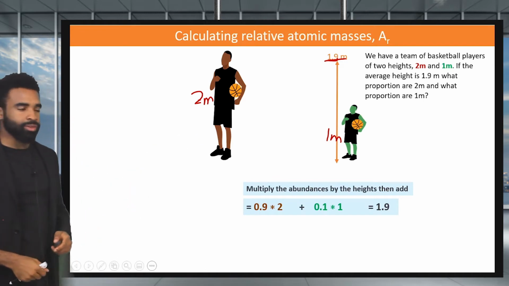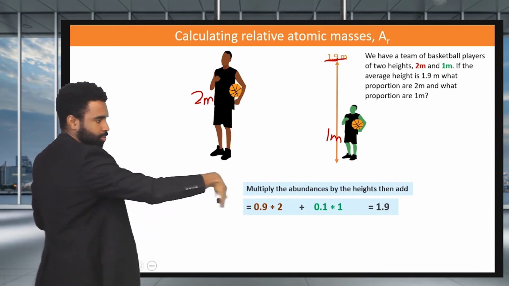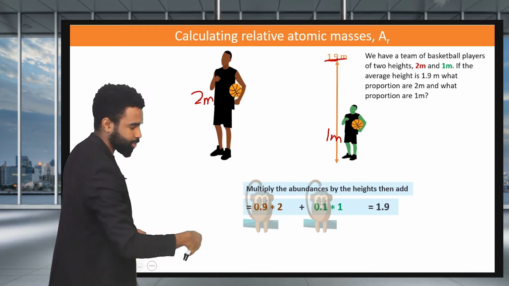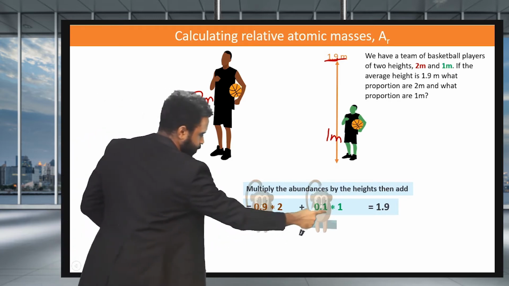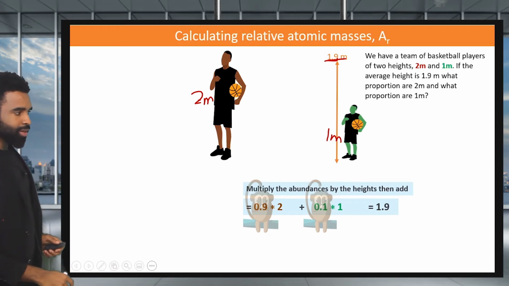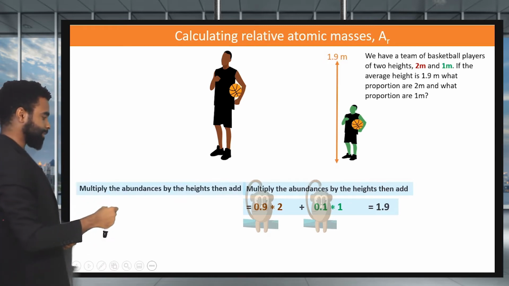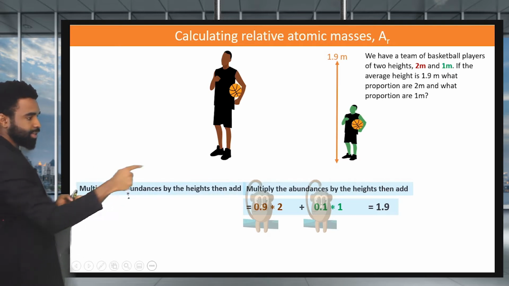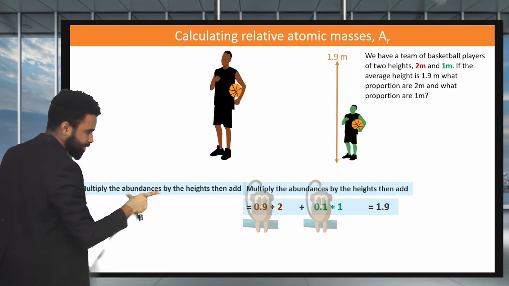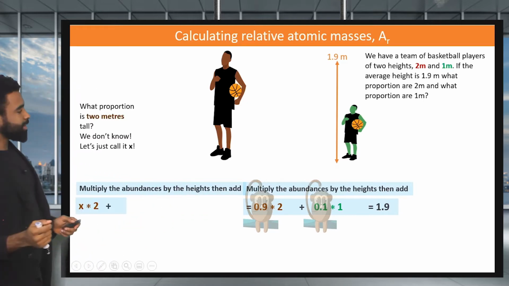Let's see how we can use some mathematics to figure this out. What we're going to do is leave the old problem that we're used to, but imagine that we didn't know these proportions, the 0.9 and the 0.1. Just close your eyes, imagine we didn't know that. And let's see if we can find them using some simple mathematics. So what we're going to do is, just like we did before, multiply the abundances by the heights and then add. What are the abundances though?